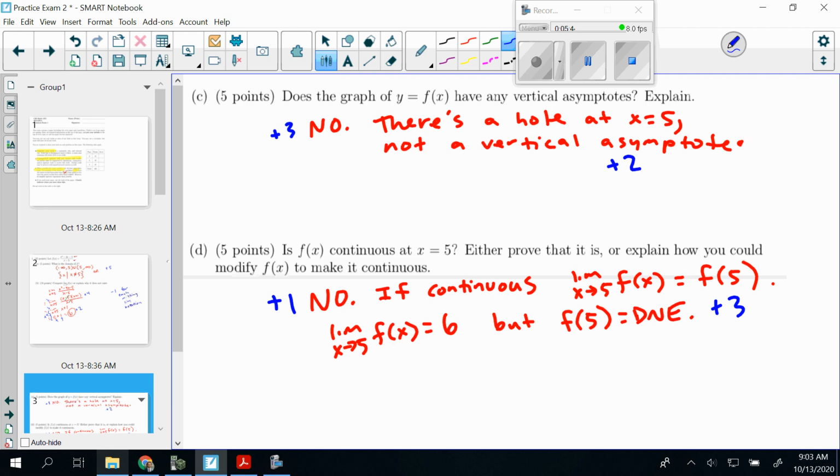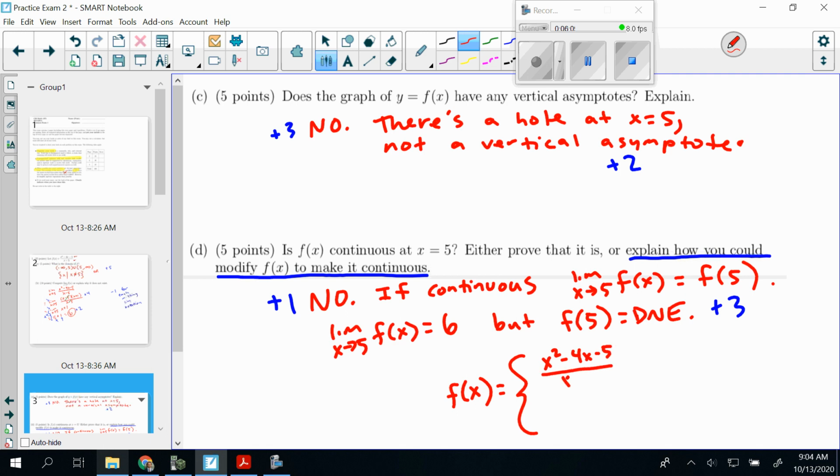For the last point, they did say explain how you could modify f of x to make it continuous. One way you could do that is make this like a piecewise function. So the function that we had from the beginning of the problem is good everywhere except where x is 5.